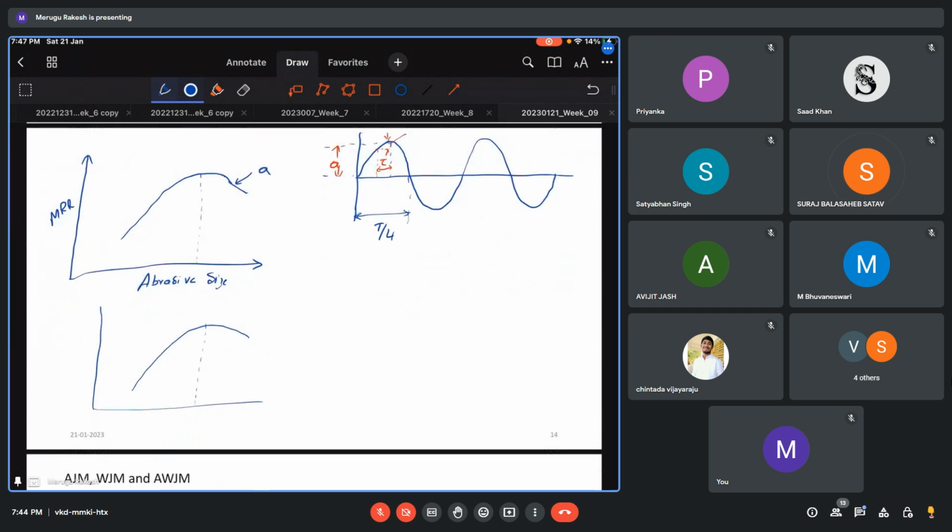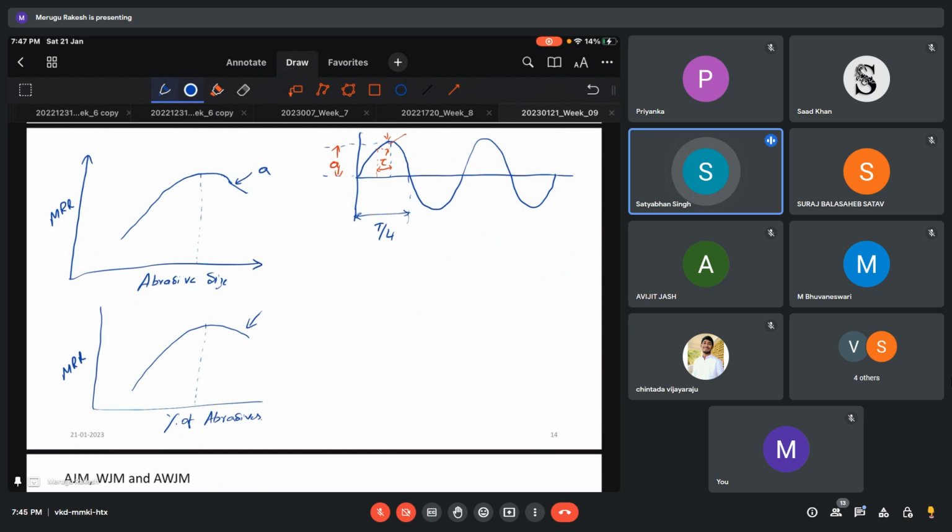Yes, okay sir. Then MRR with percentage of abrasives, the mixing ratio or the concentration that I'm talking about. So what is the reason for this behavior? Here I'm changing the percentage of abrasives.